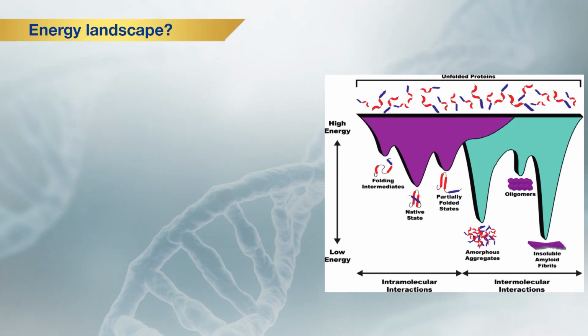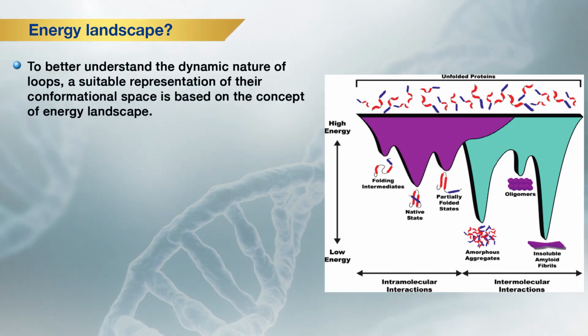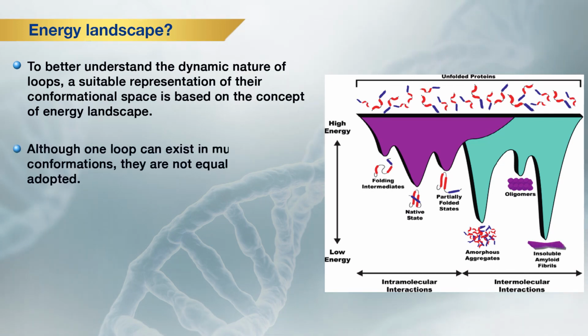Now let us see the loop energy landscape. To understand the energy landscape, it is better to understand the dynamic nature of the loop, how it performs and what its activity is. A suitable representation of their conformational space is based on the concept of energy landscape. Although one loop can exist in multiple conformations, they are not equally likely to be adopted.